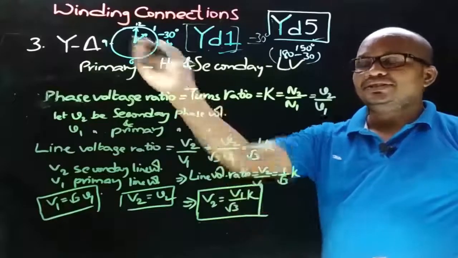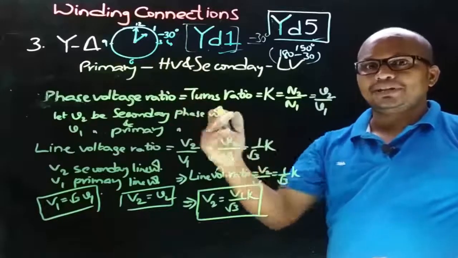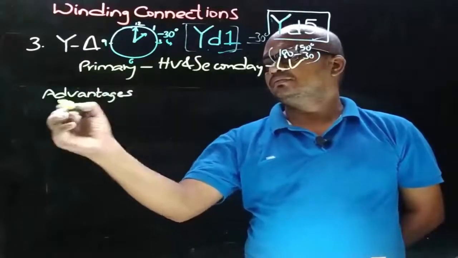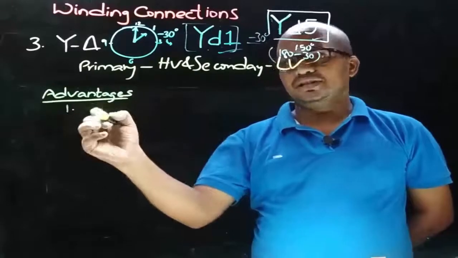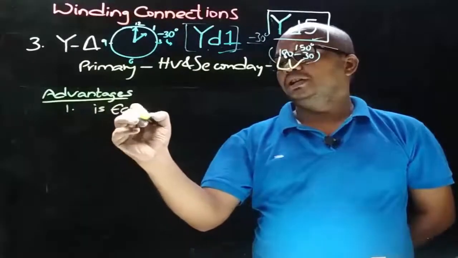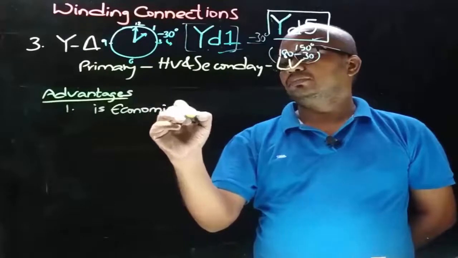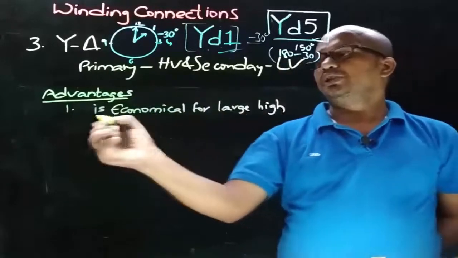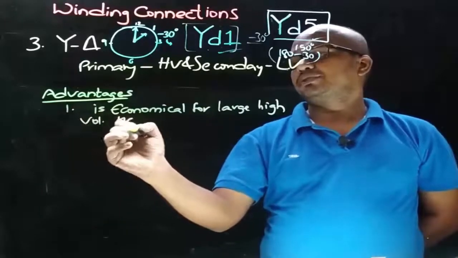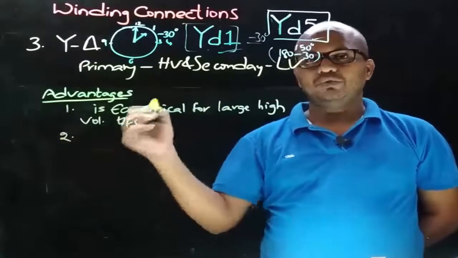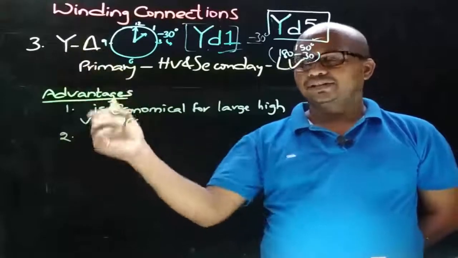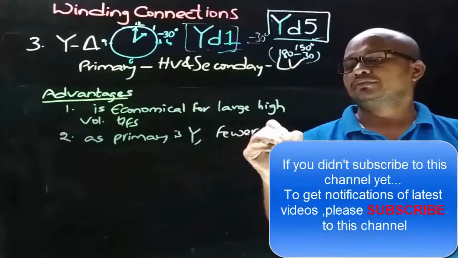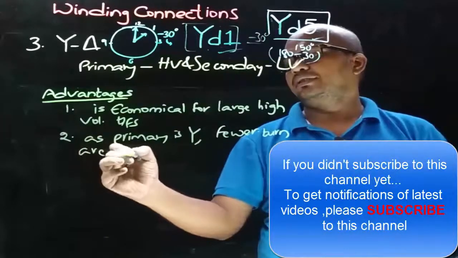It means this type of connection is used for step down applications, and the advantages of this connection are that this connection is economical for large high voltage transformers, and the second advantage is, as the primary is star connected, fewer turns are required.